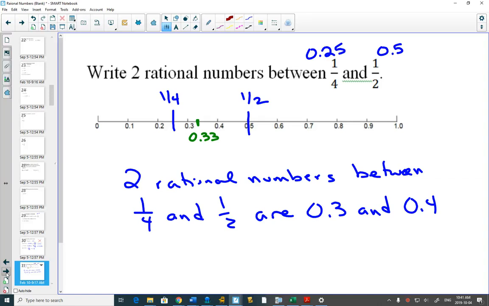These fit. If you wanted to write these as fractions, we could change 0.3 to 3/10. That would be a fraction in between 1/4 and 1/2. And 0.4 is 4/10, which reduces to 2/5. That would be another fraction in between 1/4 and 1/2.